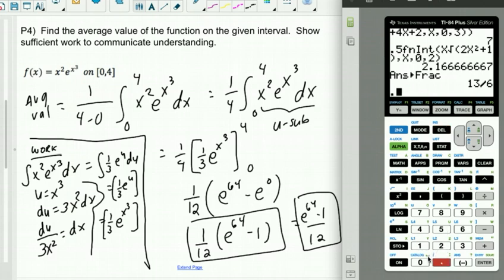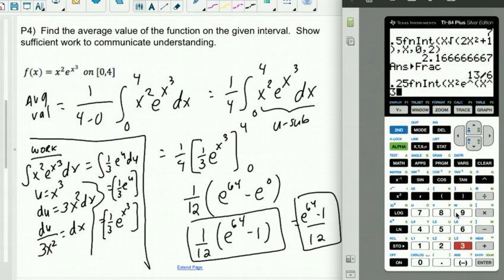0.25, right? Math 9. And then I want an x squared e to the x cubed. I think it's going to catch up with me in a sec. We'll double check that that's right. Okay.